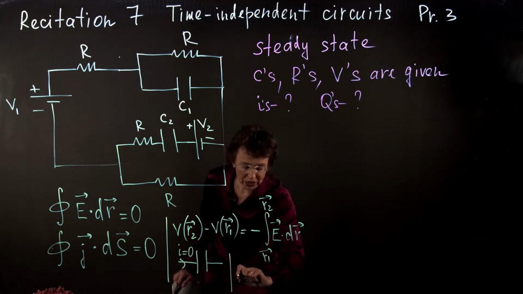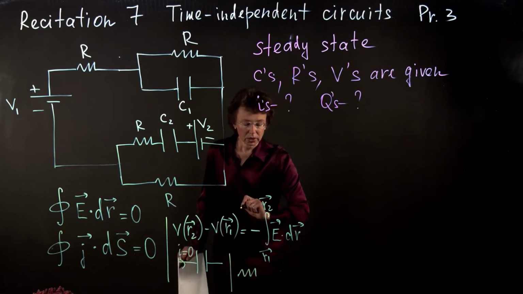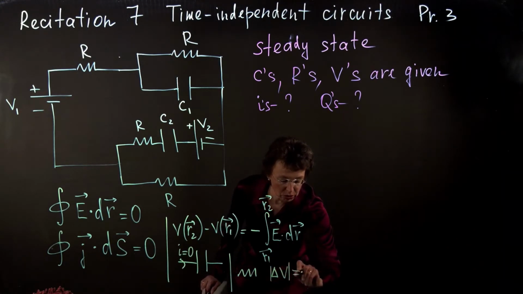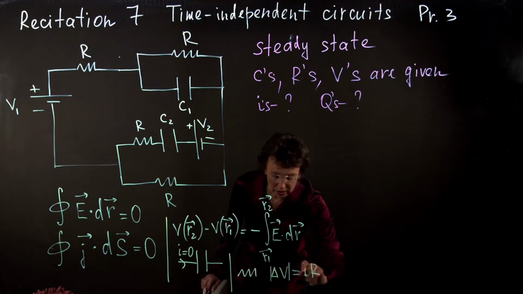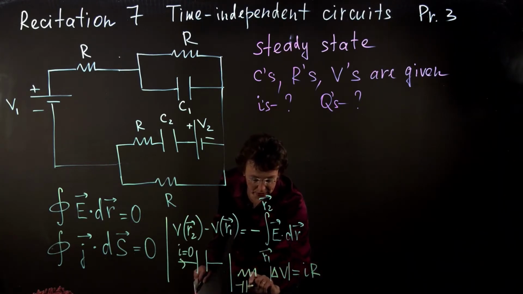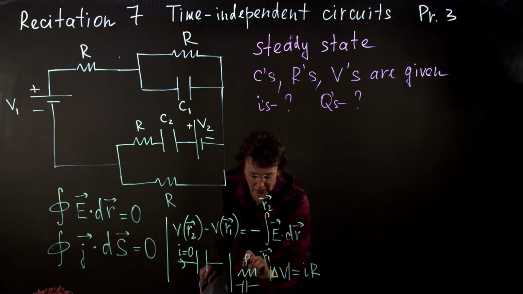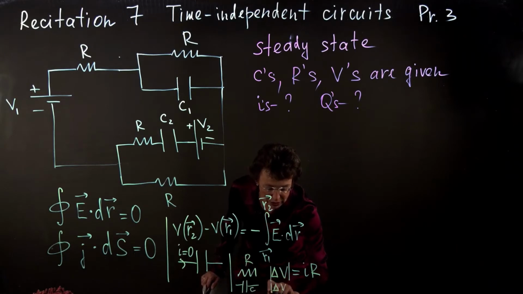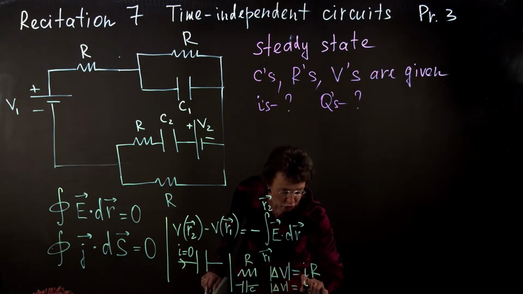When we work with resistors, the voltage change across a resistor, delta V, magnitude, is equal to IR. And when we work with capacitors of capacitance C, delta V across a capacitor is Q, the charge, divided by C.